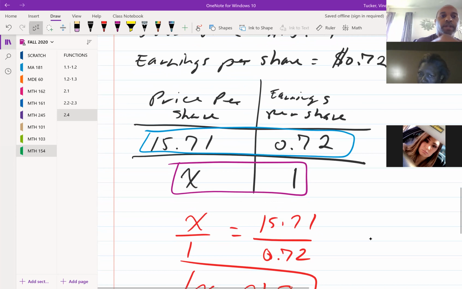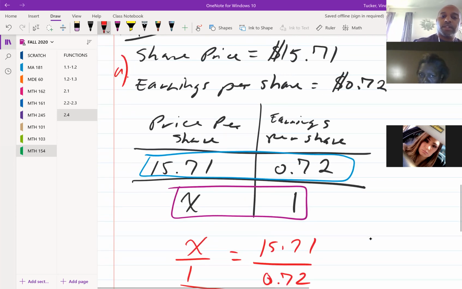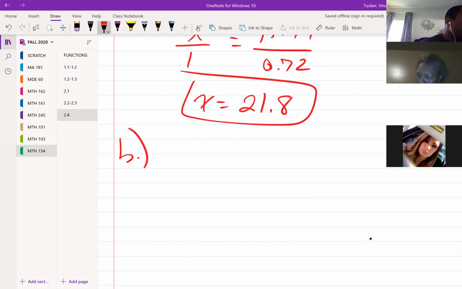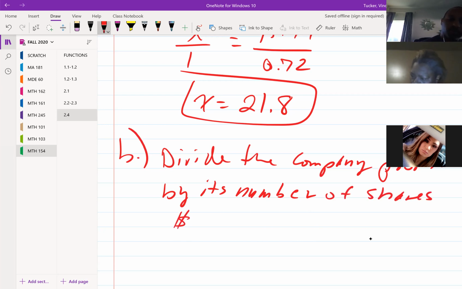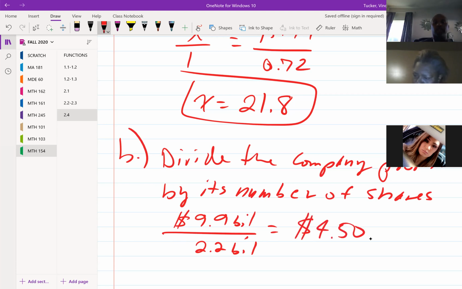So that was for A. That's A, and this one is B. So we're going to divide the company profit by its number of shares. So first thing you'll do in B is divide the company profit by its number of shares.